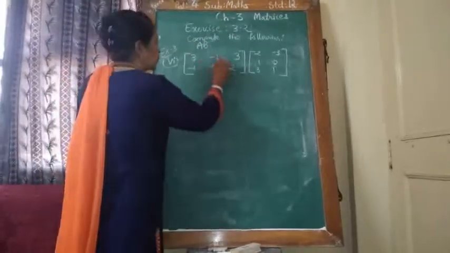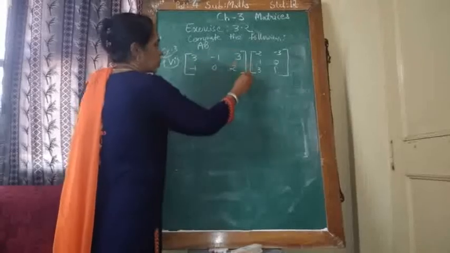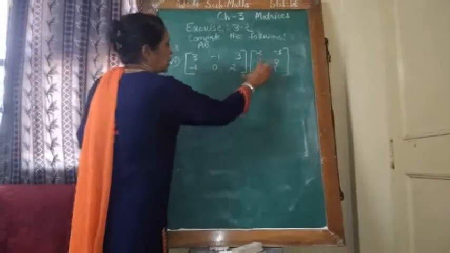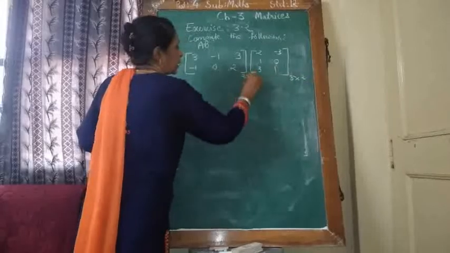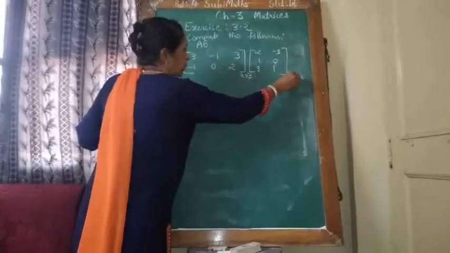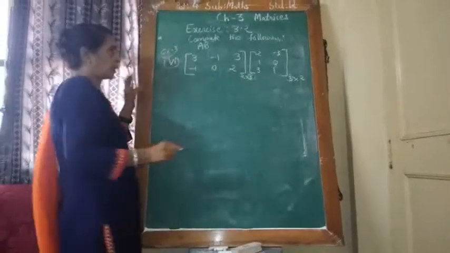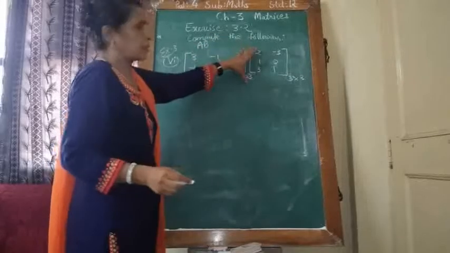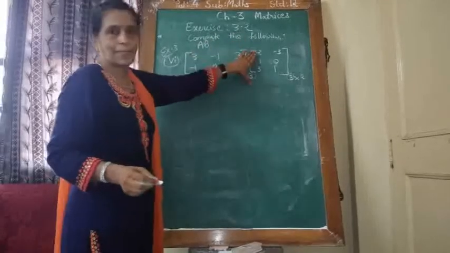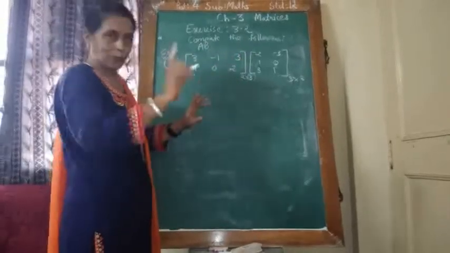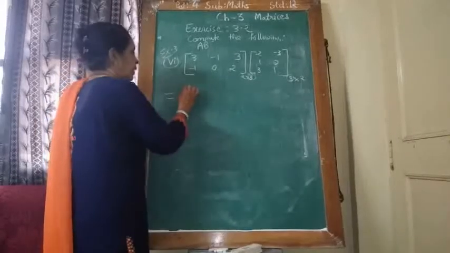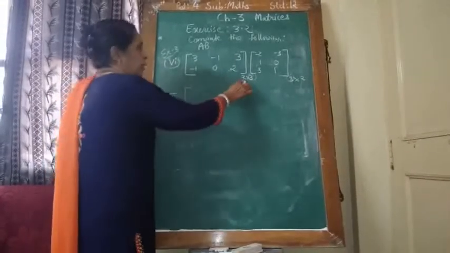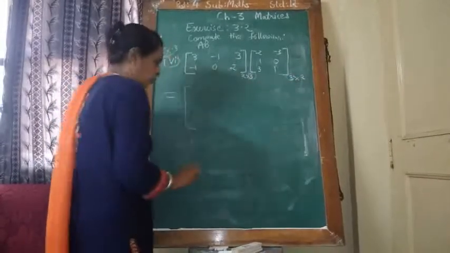Now order is to check: two rows, so 2 cross 3, and here 3 cross 2, and the number of columns here and number of rows here are the same, so you multiply first row with first column. Here is 3, here is 3, so you may do the product easily. Okay, so now I apply the rule and the resultant matrix has order 2 cross 2.